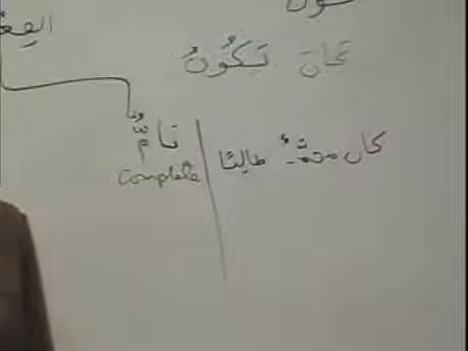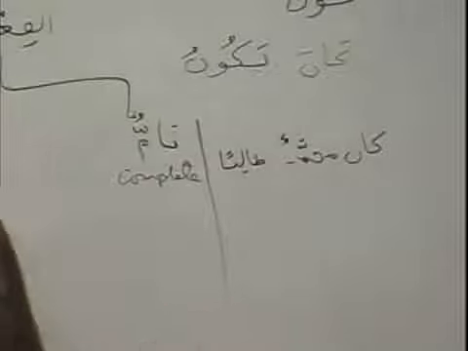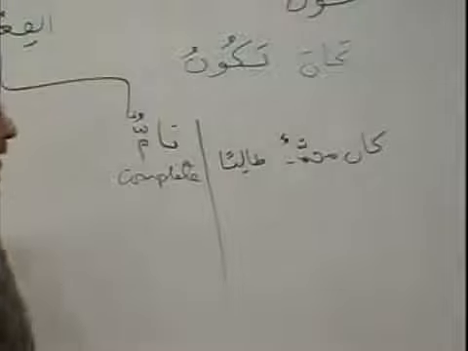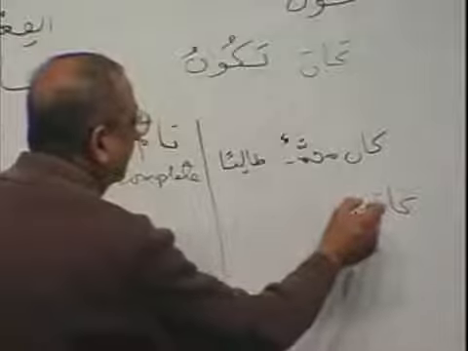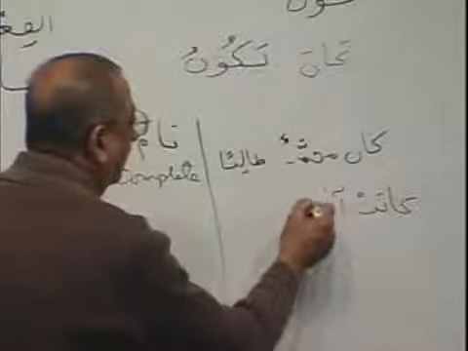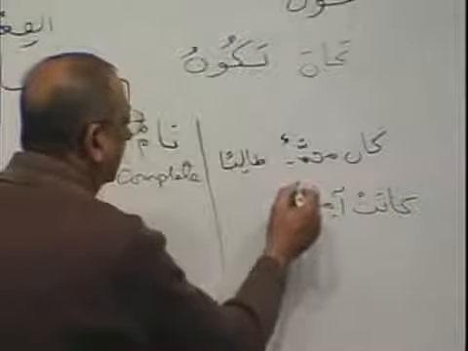What is the translation? Muhammad was a student. So where is ism kana? Muhammadun. Where is khabar kana? Talibaan. You have to keep that in mind. Kanat Aminatu. What will I say now? Talibatan.